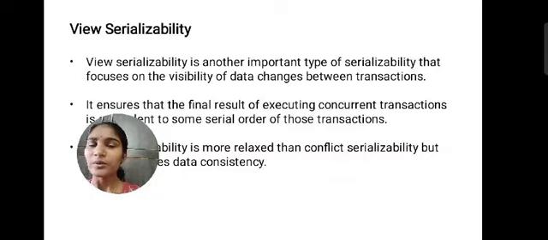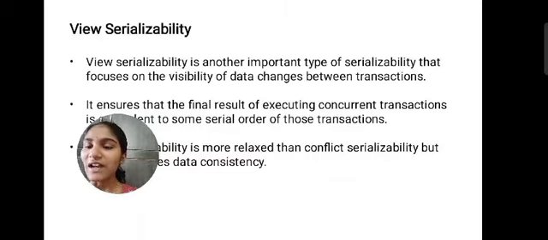So in order to get the serial actions, to get the data consistency, what we do is initially we check conflict serializability. If that doesn't occur in that parallel transaction, then we come to view serializability. What we do is we interchange the transactions, but it resembles the same as the previous transactions. This is what view serializability means.